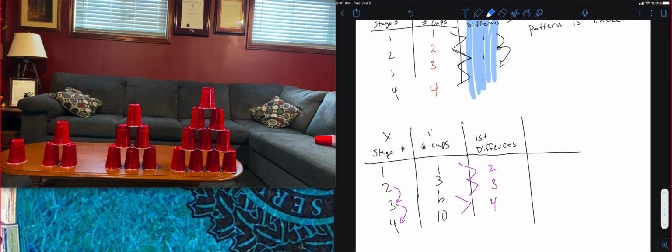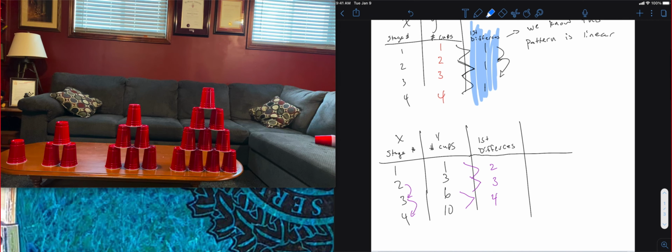The problem with this is that the bases, so the bottoms, increase in a linear way, right? I'm adding 1, adding 1, adding 1. The problem is the total number of cups is not increasing in a linear way, right? And we can see that if we look at the first differences.